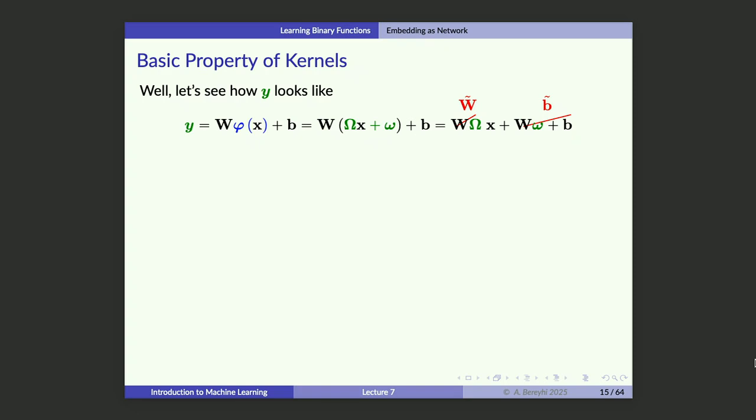Now, how can I write down the output in terms of the input, not the feature that I extracted from the input itself? I can write it as one weight matrix times input plus a bias, correct?